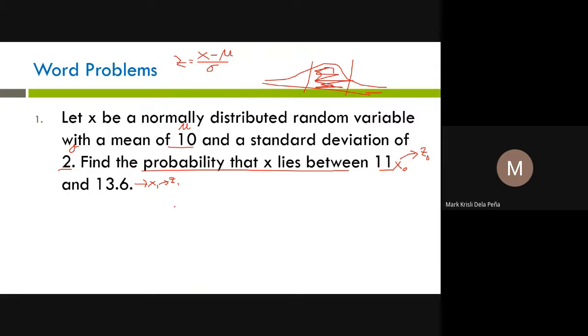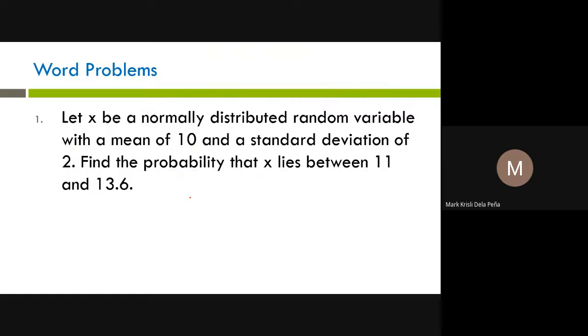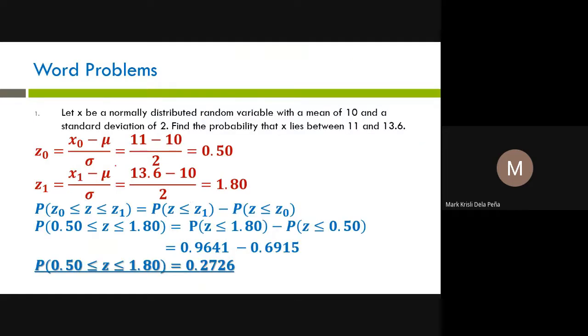Plug in or substitute these values, you will get z sub 0, that would be x sub 0 minus mu over sigma. Same with z sub 1, that would be z sub 1 is equal to x sub 1 minus mu divided by sigma. So the result will be this. Z sub 0 is 0.5, z sub 1 is 1.80.